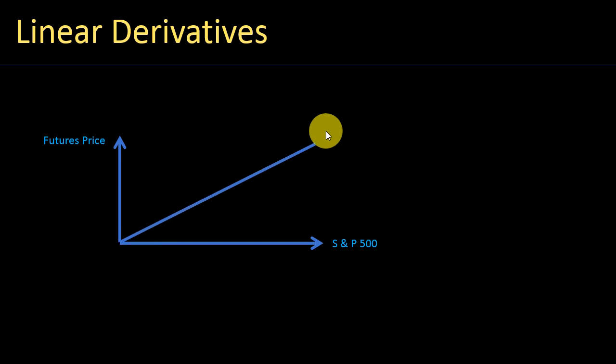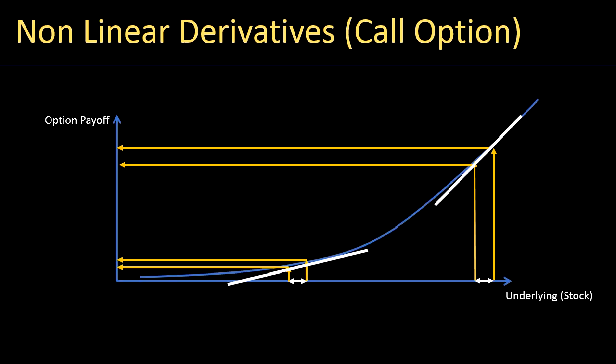It's the same slope. Why this is important is because when we calculate the VAR, or value at risk, of linear derivatives and nonlinear derivatives, we cannot use the same model, especially if we are using simplified models to calculate value at risk. The same model will not work.